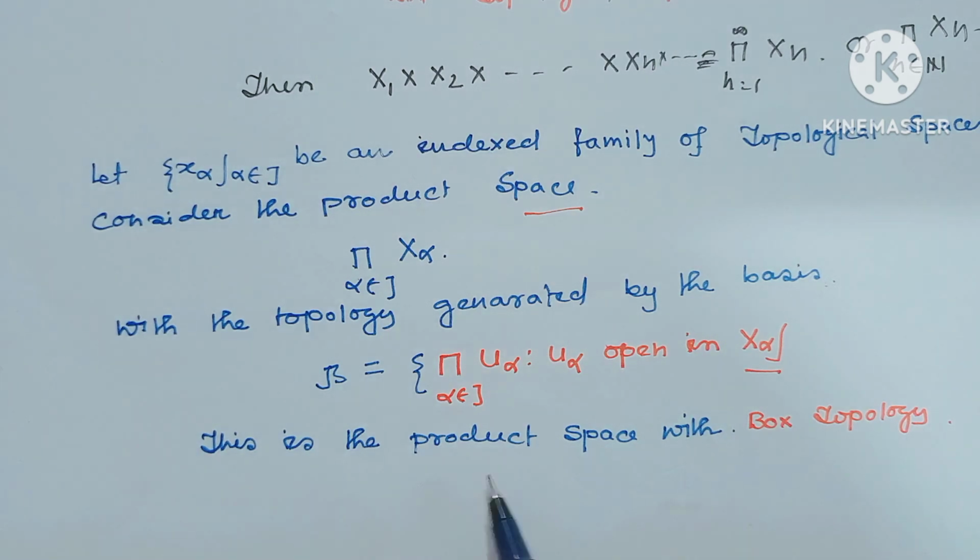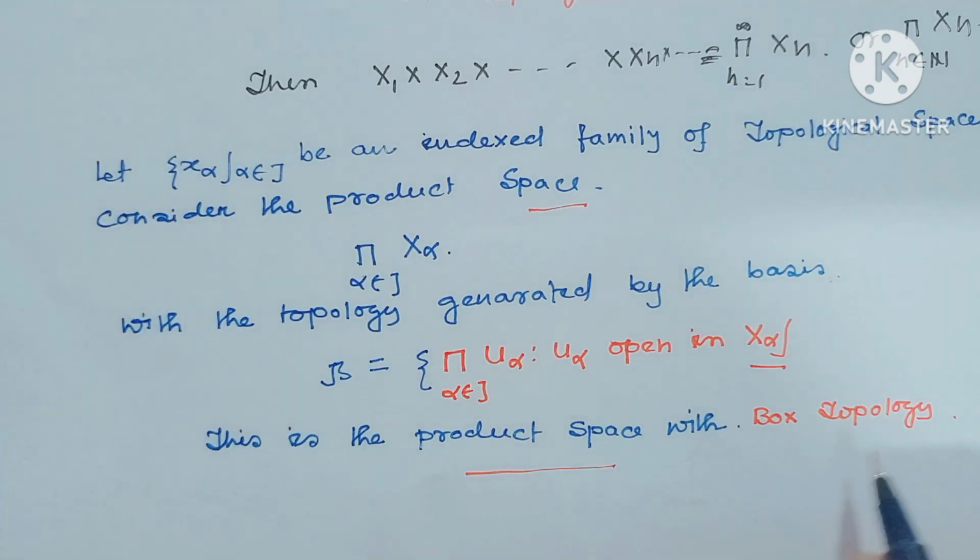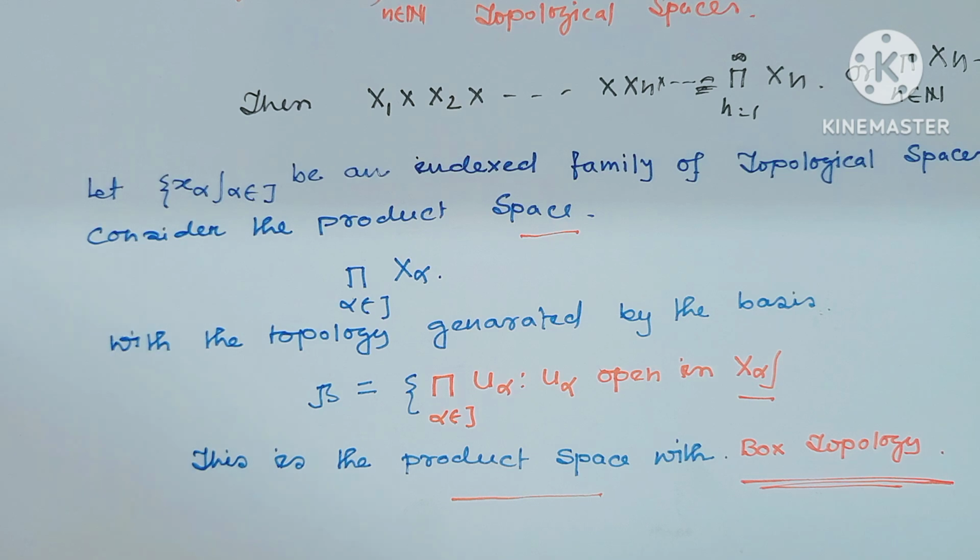This is the product space with the box topology. For an arbitrary Cartesian product, the box topology is generated by the collection of Cartesian products of open sets in Xα.